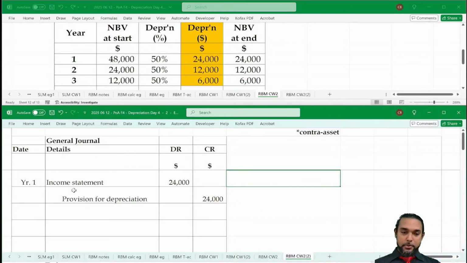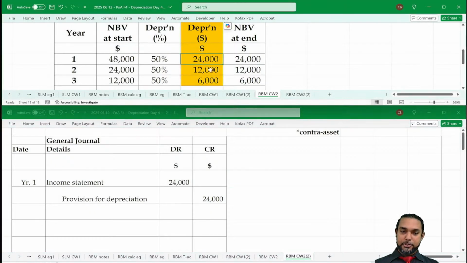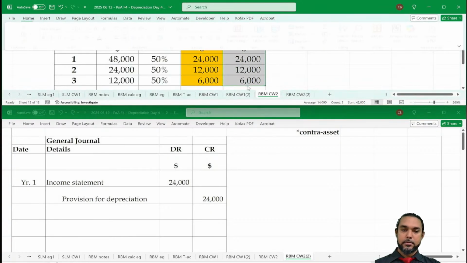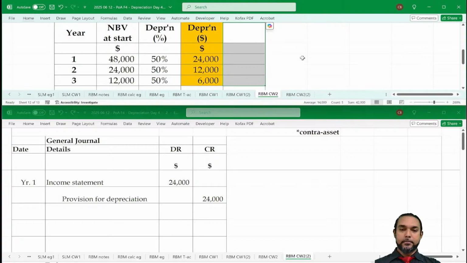So what we are recording is the depreciation charge for the year. To calculate the depreciation charge, you multiply the value at start by the percentage for depreciation, and we got this figure. So these figures here are the depreciation charges for the year.